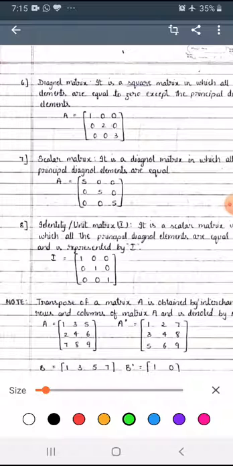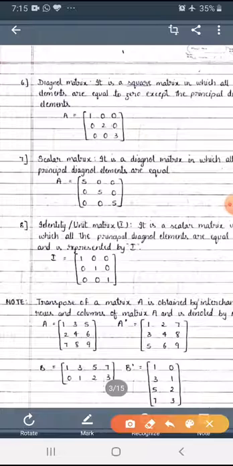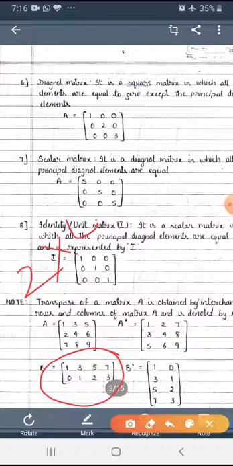Now one more matrix. Here the matrix is B equals 1 3 5 7, 0 1 2 3. What is the order of this one? It is 2 by 4, so 2 rows and 4 columns are there. Now we have to interchange.